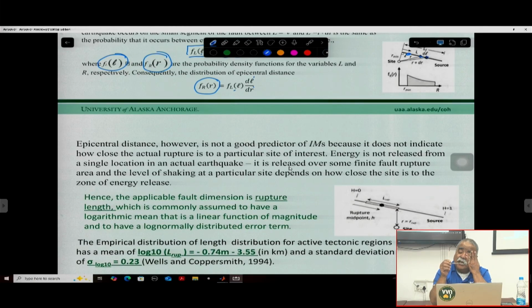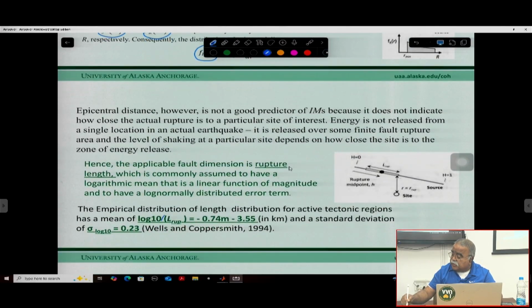So therefore the rupture thing is very important, and we had already seen last time that the rupture is basically related with the magnitude, and there is a Wells-Coppersmith relation which says that log10 of rupture length equals minus 0.74 M minus 3.55 in kilometers, with your sigma value equal to this much, right?